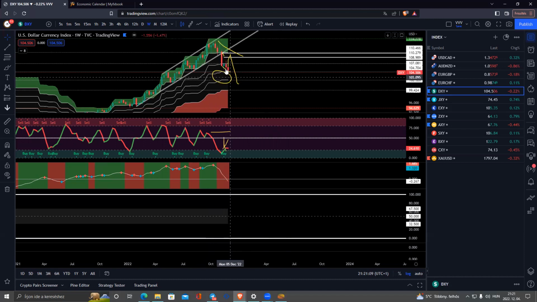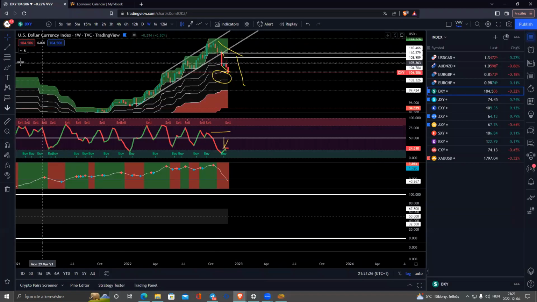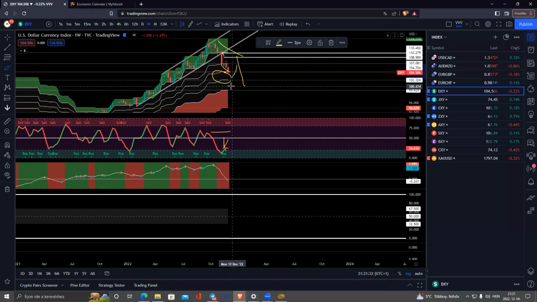And I want to see the price come back to here and eventually make a retest move, which is like back to the 61 maybe.